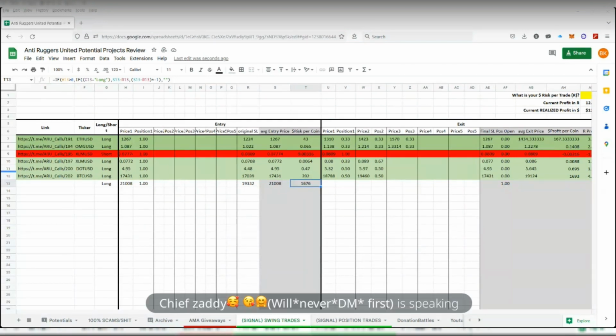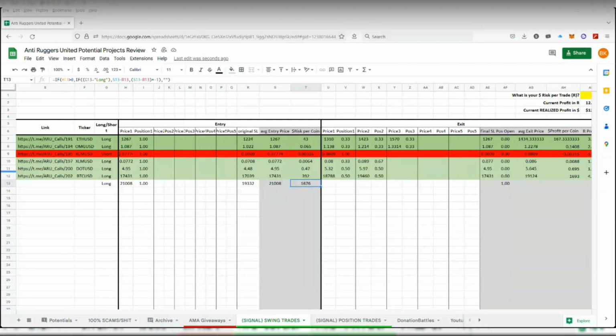I understand. Okay. So this is kind of what I meant when I was in chat, talking about this signal, and you're really risking this much per BTC. But of course, if you buy only half a BTC, then you'll be risking half of that. If you buy only 0.1 BTC, then you'll be risking 10% of that, right?